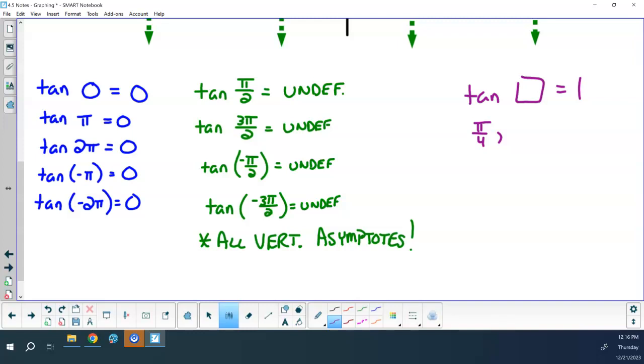Do we agree with 5 pi over 4? Yep. There's 2 more. Negative 5 pi over 4 I do not agree with.